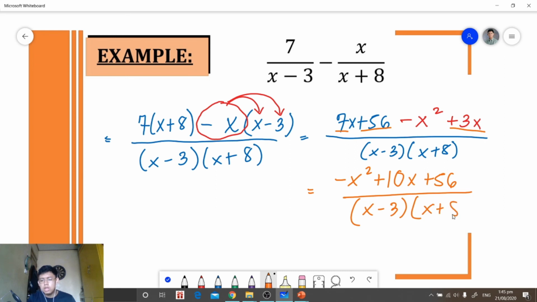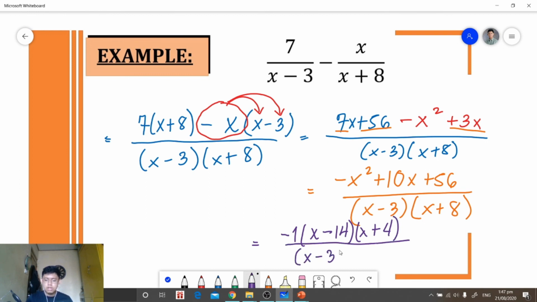Now let's try to factor our numerator. Our numerator will have a factor of negative 1 times the quantity of x minus 14 times the quantity of x plus 4 all over x minus 3 times x plus 8. Since we don't have anything to cancel, our final answer will be the factored form or the expanded form.